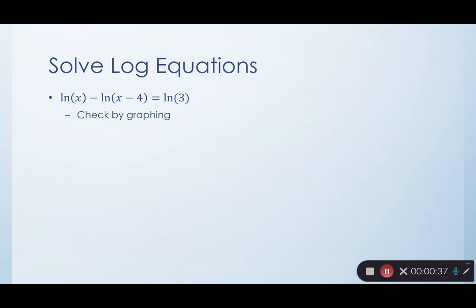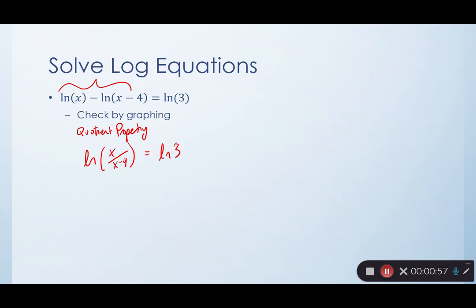All right, so this one, we're going to start by saying, hey, I can use my quotient property to rewrite the left-hand side. We're going to have ln of x over x minus 4 equal to x ln of 3.